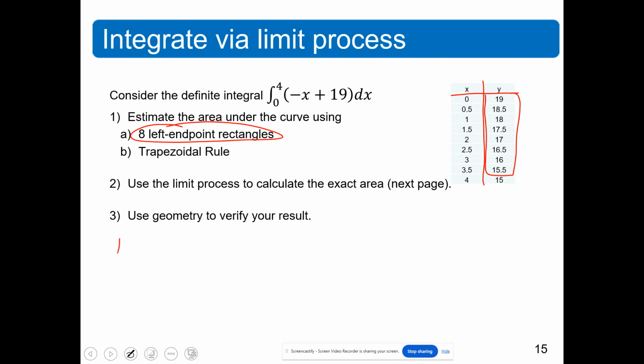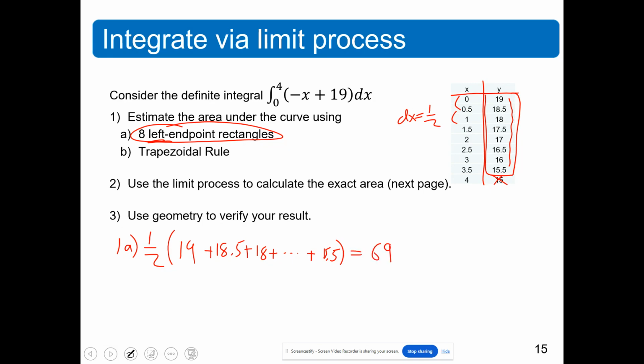In other words, for 1a, you would be doing 1/2, because the dx on these is half. And then you would just start plugging in these numbers here, plus 18, plus all the way up to 15.5. We don't include the 15 when we're doing it on the left, and you'll get an answer of 69.